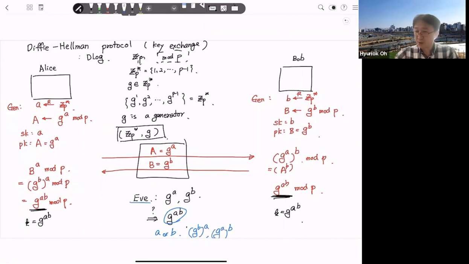But if they don't know what a or b is, is it possible to compute a from G to the a? G is given and G to the a is given, and compute a. What is that problem called?